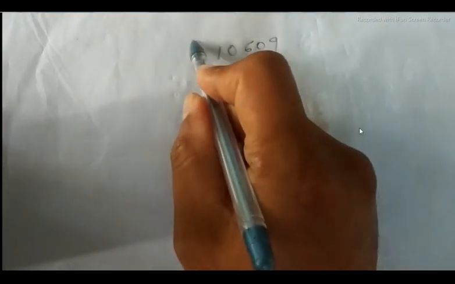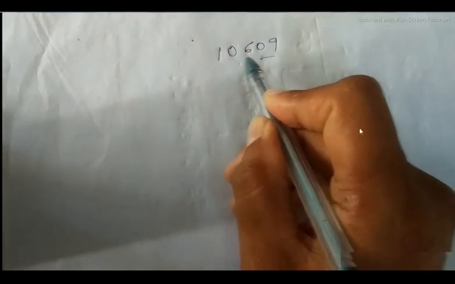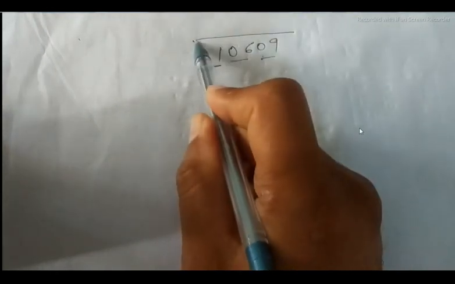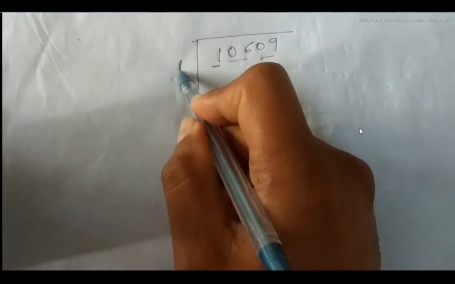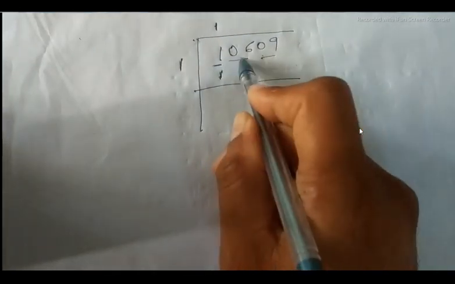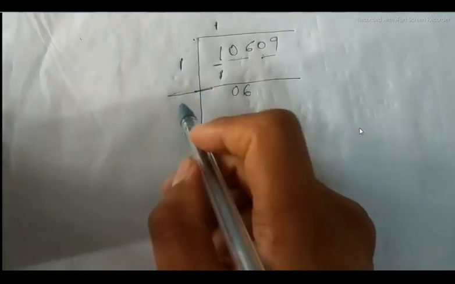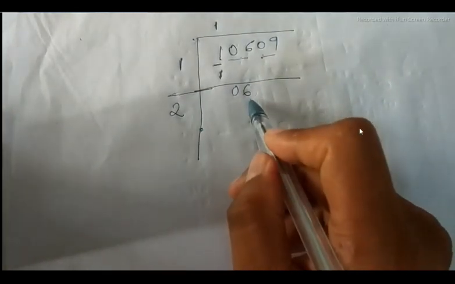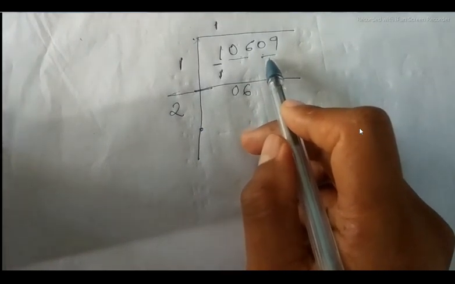Type 2: 10609. Our first step was pairing of the digits. I have paired the digits. The perfect square of 1 is 1. So 1 into 1 is equal to 1. The next pair 06 comes down, and double of 1 is 2. 6 will be a smaller number, so we have to take the other pair of digits.